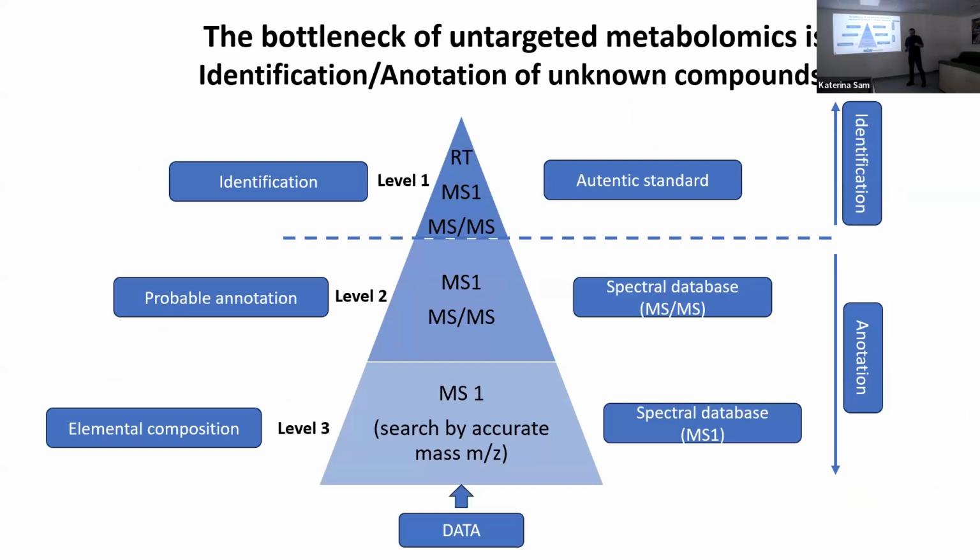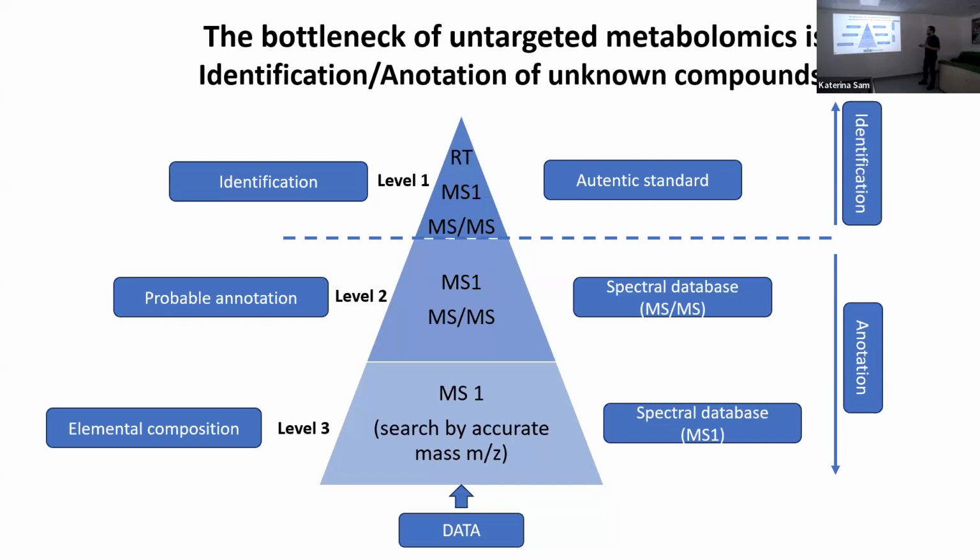Okay, identification. Identification is really the bottleneck of non-target metabolomics analysis, because it's not a problem to measure the sample and use the software for peak detection and so on. But I prepare a very nice table with thousands of rows, and I need the identification, and I have 3 possibilities.